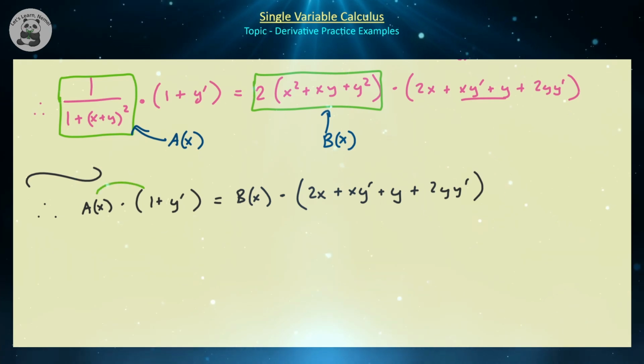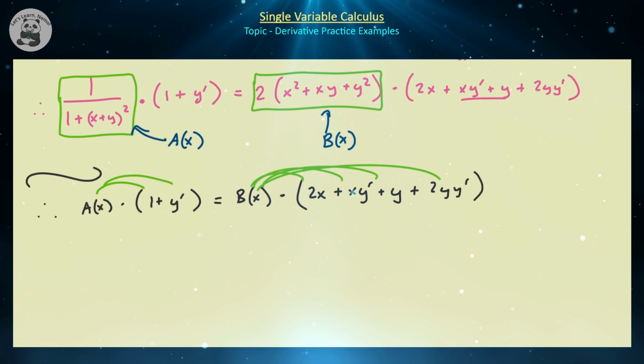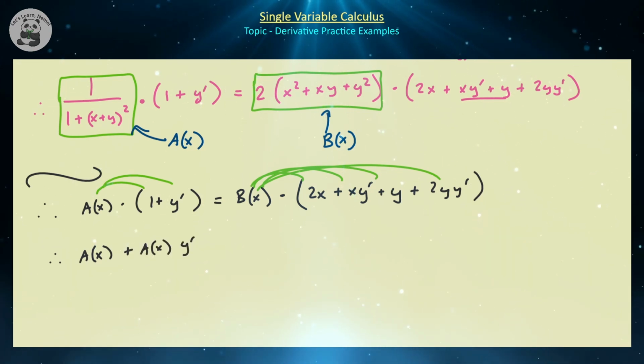Now I'm going to distribute. I'm going to distribute my a into the first and second term, and I'm going to distribute my b into these four terms. So once I have that, I'm going to have a of x plus a of x times y prime, and you can just call it a or b just to make notation simpler, but keep in mind they are functions of x, not constants.